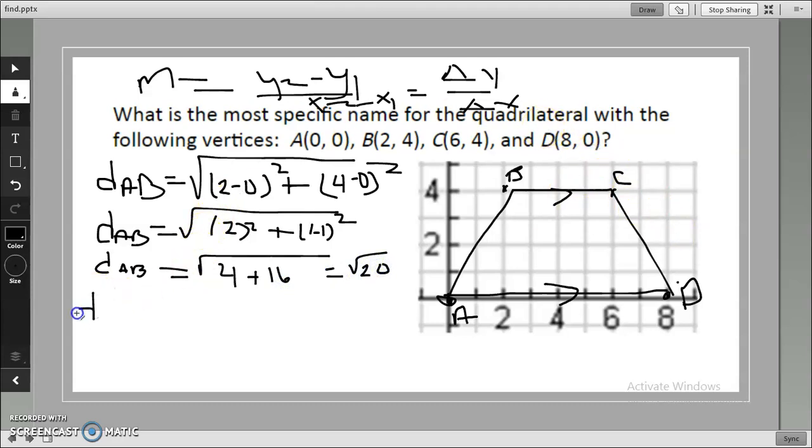So let's do CD. Alright, so x2 is 8 minus x1 is 6 squared plus y2 is 0 minus 4 squared.